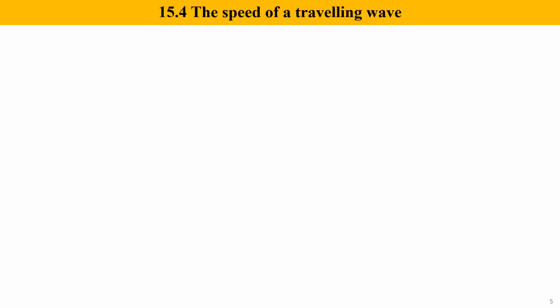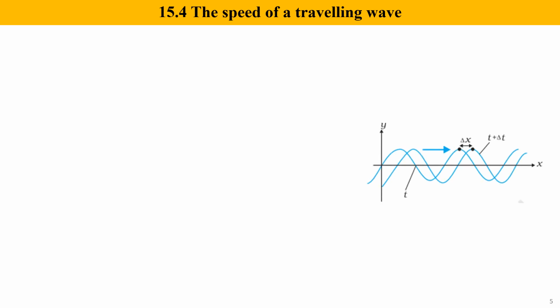To determine the speed of propagation of a traveling wave, we have to fix our attention on any particular point on the wave and see how the point moves in time. It is convenient to represent the motion of a wave, the crest or a trough, as shown in the figure on the screen. The figure gives the shape of a wave at two different instants.